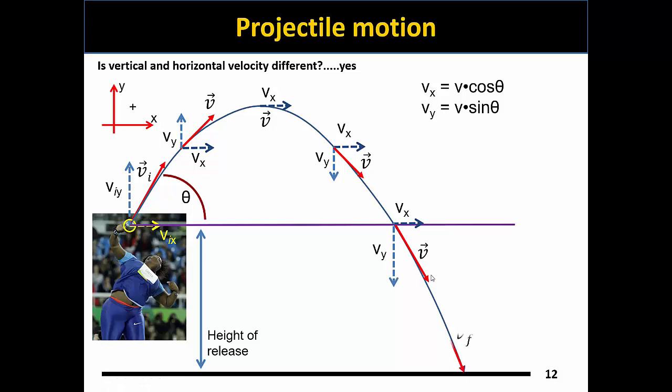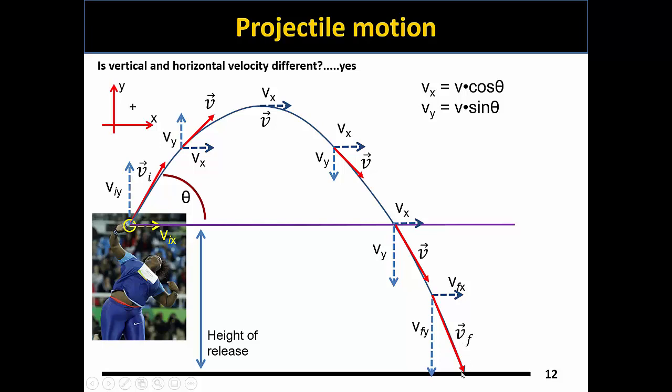And if we continue to follow the path of this shot a little bit later on here, we see that the resultant velocity vector is longer than it was at this previous point. And once again, we can decompose it into horizontal and vertical components. Of course, this would not represent the final point.